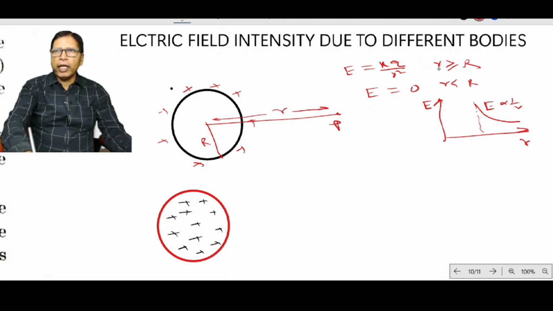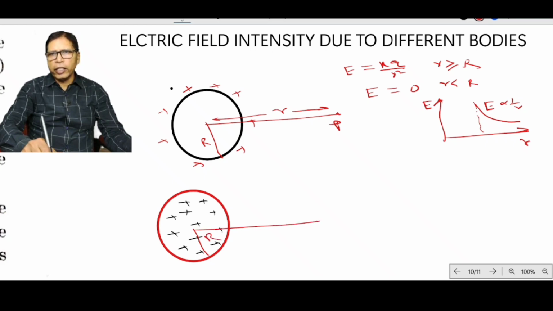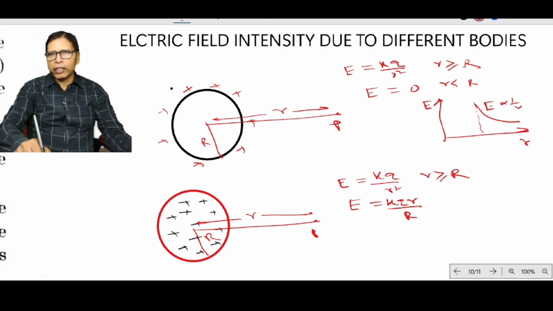If capital R is its radius, and we have to calculate the intensity at the point P at a distance r from the center, then E equals kq by r square when r is greater than or equal to capital R, and E equals kqr by R cube when r is less than capital R. So within the insulating sphere, E is proportional to r.